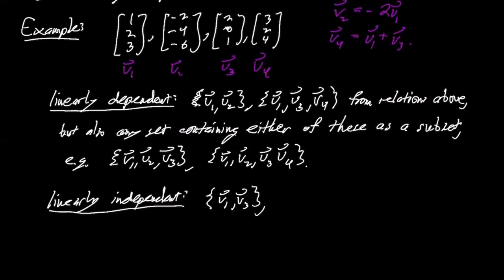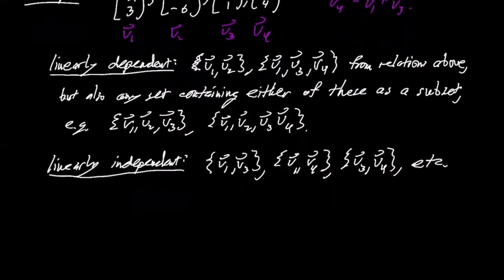And there's no other relationship among them. So we could also say v1 and v4, or v3 and v4. We could also replace either of these v1s with v2 because v1 and v2 are so closely related. So, etc. Okay, so that's some examples of linearly dependent and linearly independent sets.